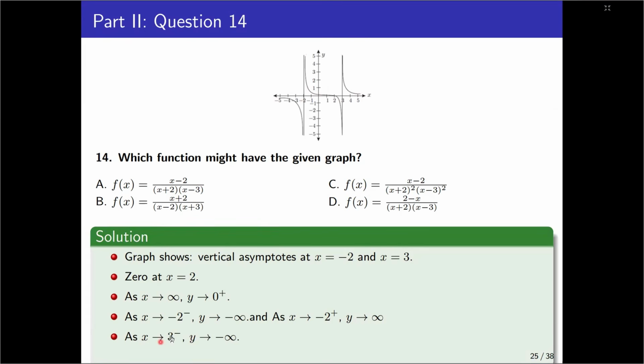Similarly, as x approaches 3 from the left side, the graph tends to positive infinity. And as x approaches 3 from the right side, y tends to, sorry, it is not positive, rather it must be negative infinity.